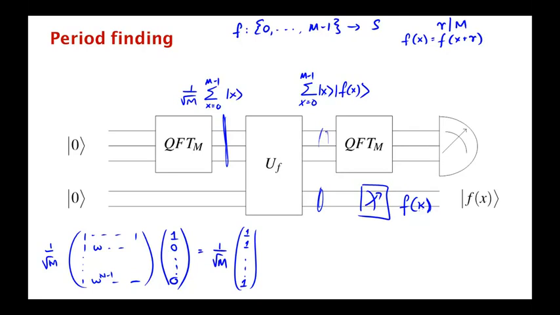So at this point, this superposition is going to be equal to k plus k plus r plus k plus 2r plus so on, plus k plus m minus r.